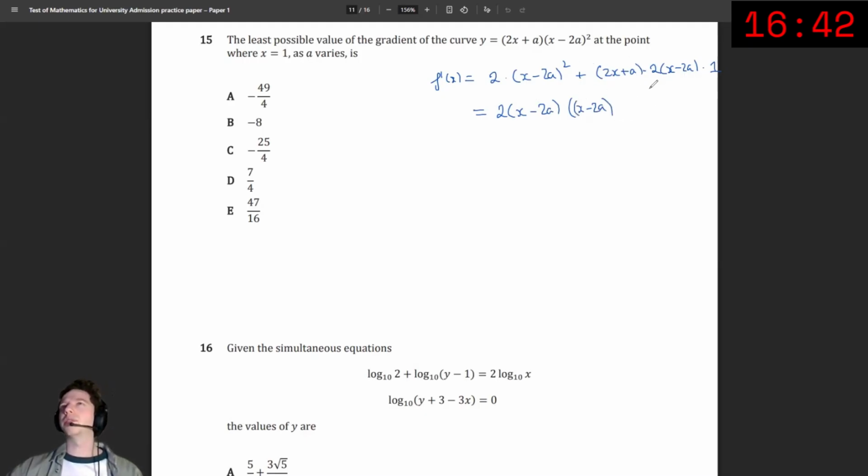We could plug in 1 as well, but that's fine. x minus 2a, and then here we'll just get 2x plus a. So 2 times x minus 2a times 3x minus a, right? Plug in 1, we get that.